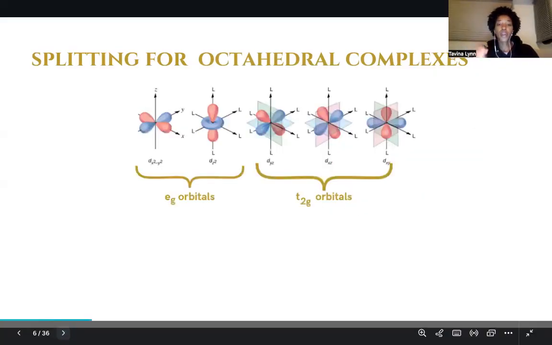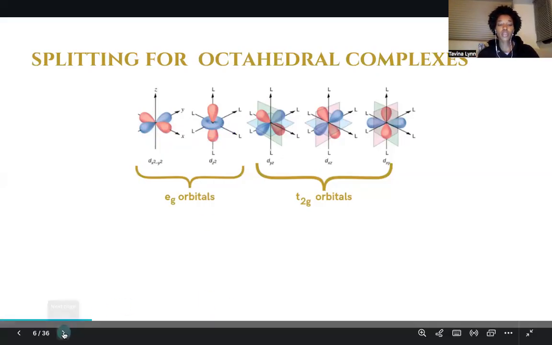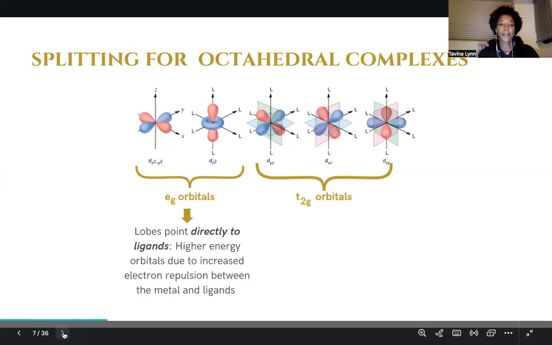So for an octahedral complex, when we say splitting, we're talking about how these d orbitals will split energetically. These two orbitals, where the ligand is pointing directly towards the d orbitals, that directness essentially leads to increased electron repulsion between the metal and the ligands.